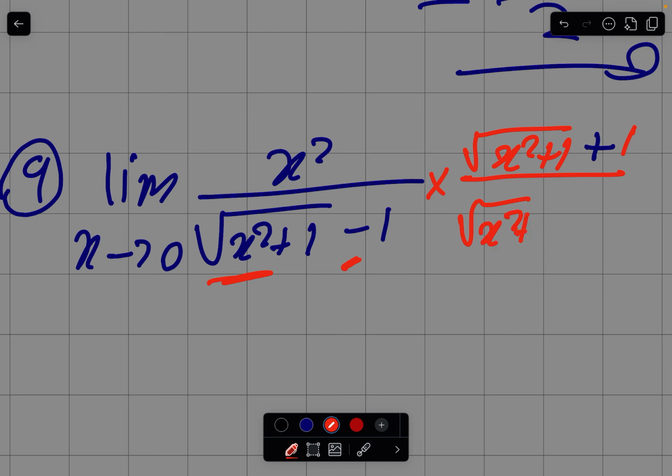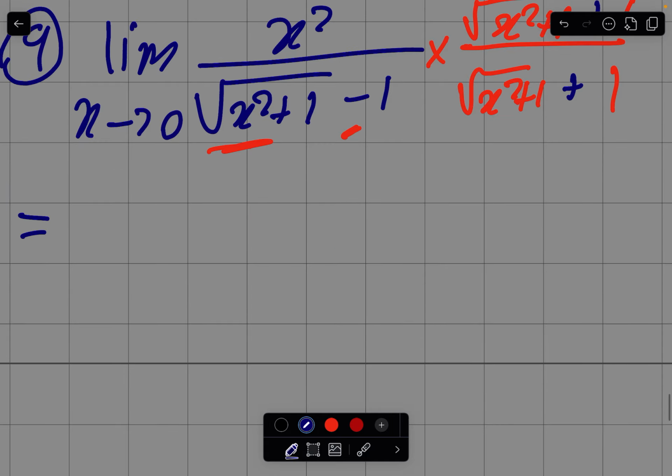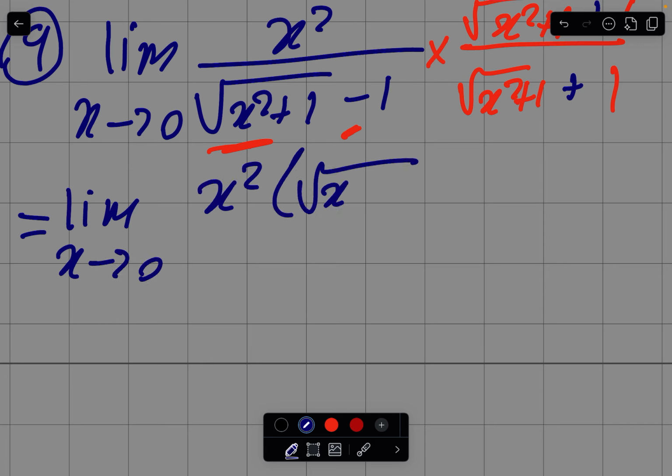Therefore we're going to have square root of x squared plus 1. I did not change anything. I multiplied that thing by what? By 1. I did not touch anything. This one is the same as 1. Right? Therefore we are going to multiply those two things. You have the limit as x approaching 0 of x squared into square root of x squared plus 1 plus 1.